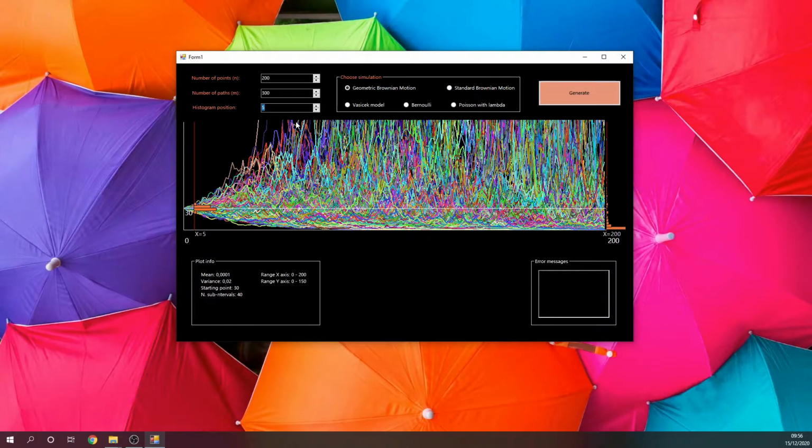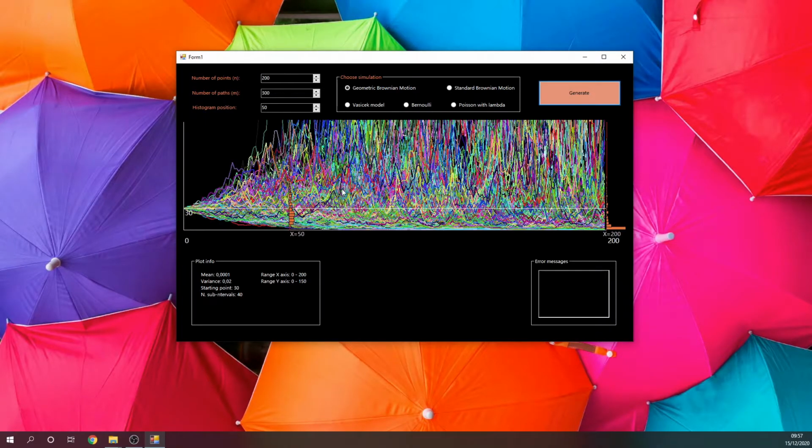When we increase the time, the histogram position, for example, let's take 50, we can see that the distribution changes, and we have more concentration in this region above the starting point, rather than this region.